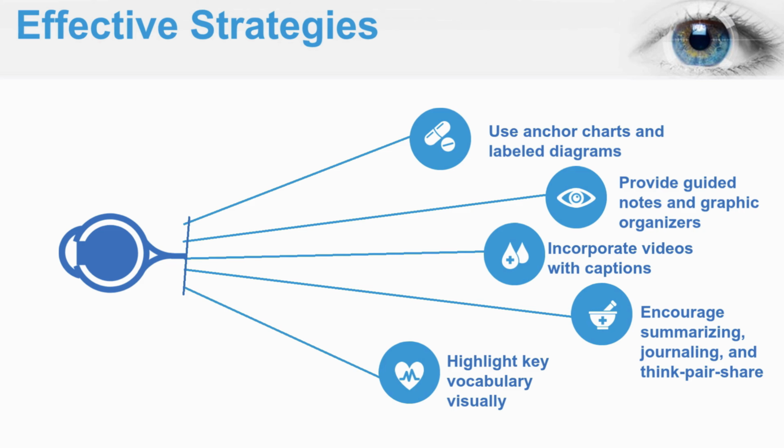Okay, and as you look at some of these strategies, some of the veteran teachers are thinking, hey, that benefits everybody. This is true. If you look at these strategies, they could benefit any type of student, but specifically, your impact is going to be increased for the visual verbal student.